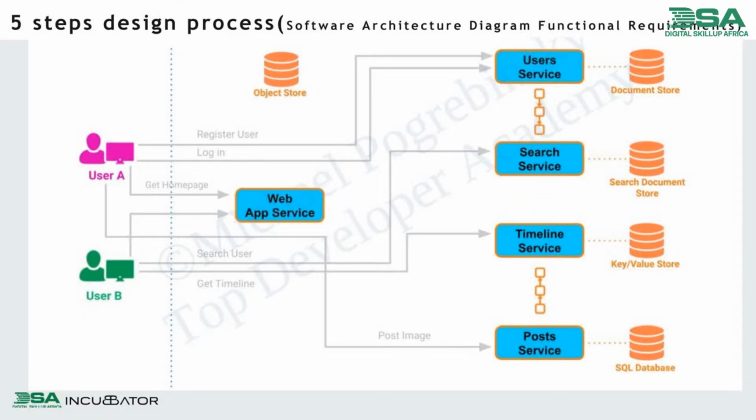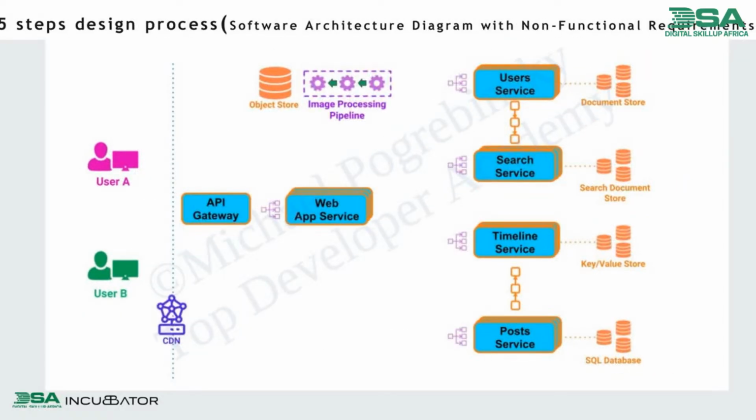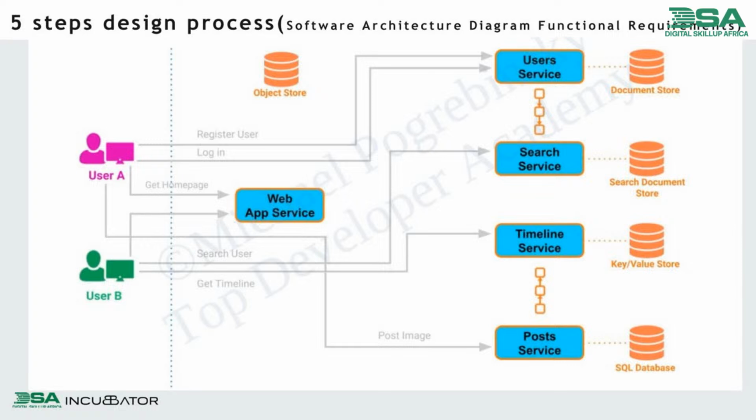So what do we do? We are going to add an object store. That's what we have here, just above the web app service. You are going to have the object store. Okay?